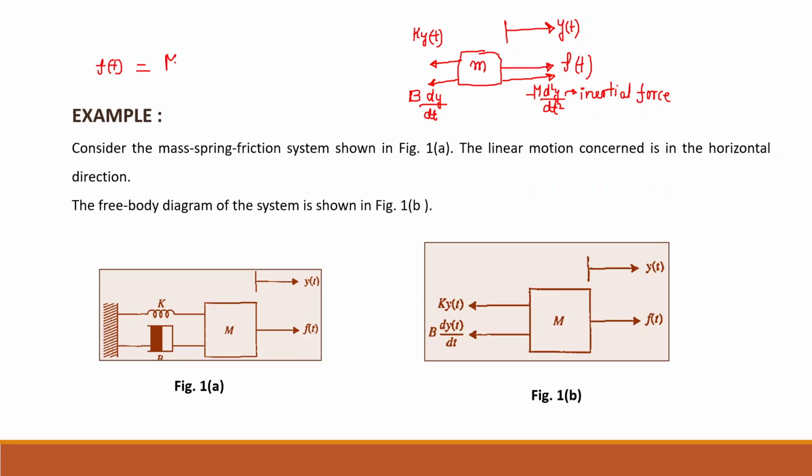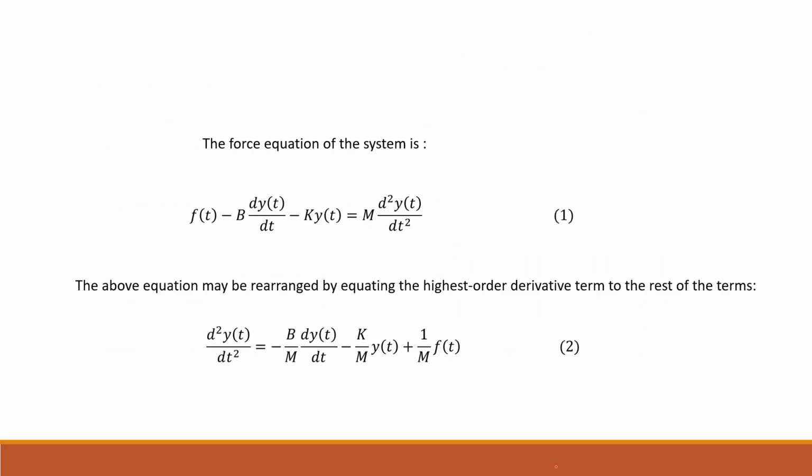So ft will be equal to m d2y by dt2 plus b dy by dt plus k yt. The expression.